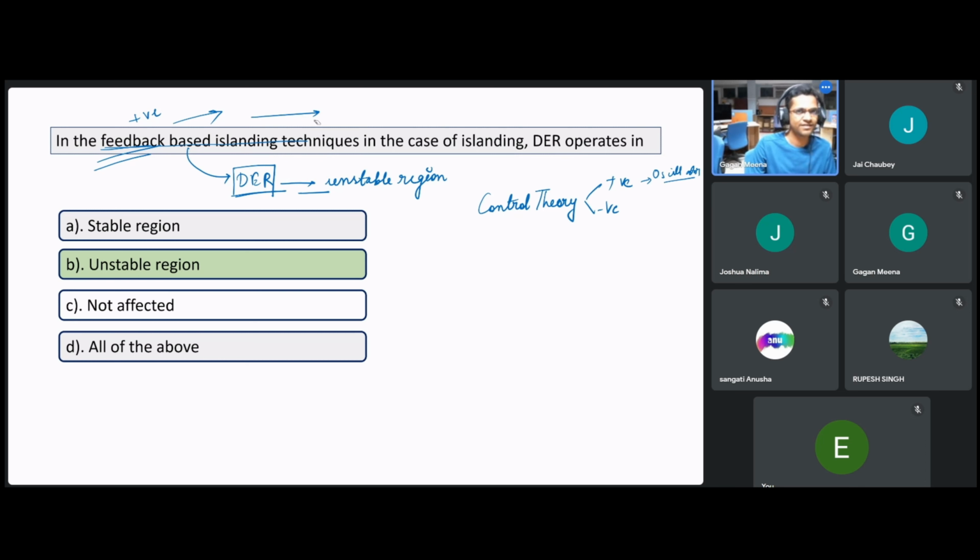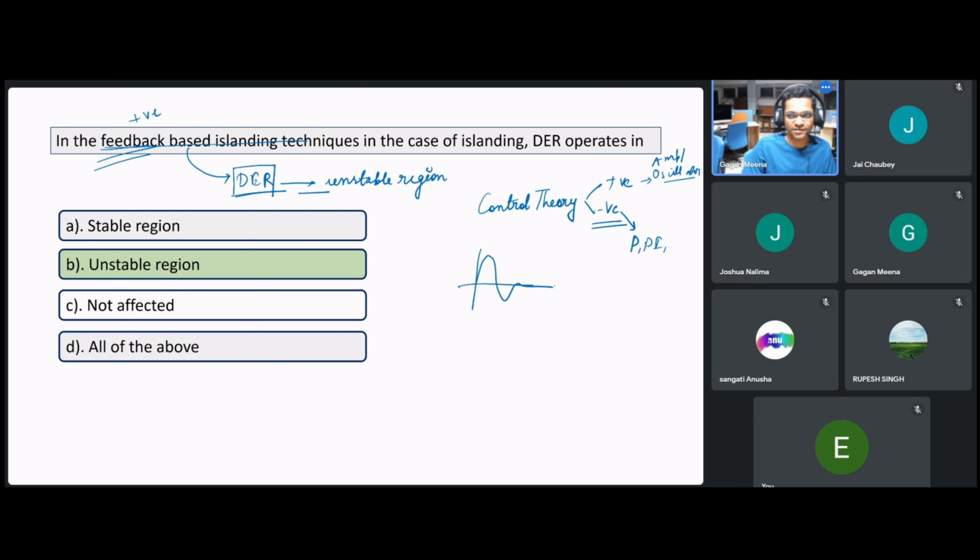Our aim is to make it unstable. But negative feedback we use when we want to control something. In amplifiers or oscillators we use this. But in PID, all these controllers, we use the negative feedback.